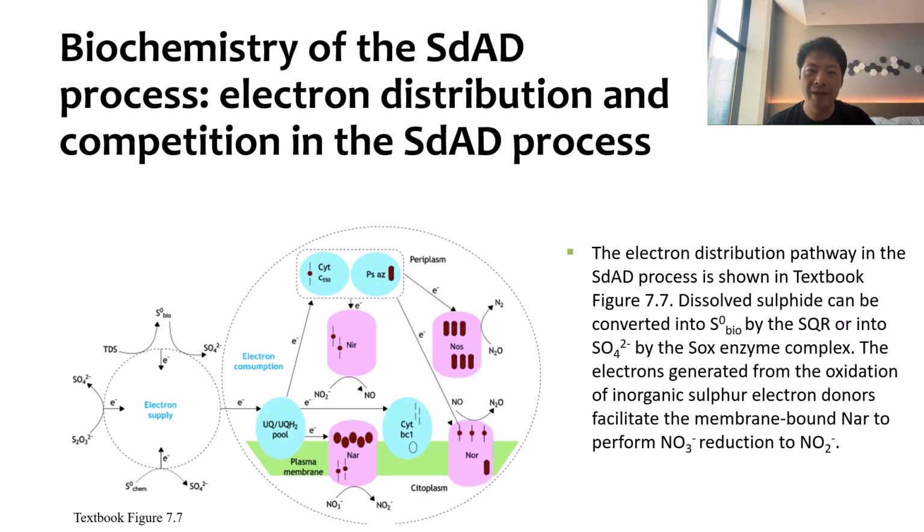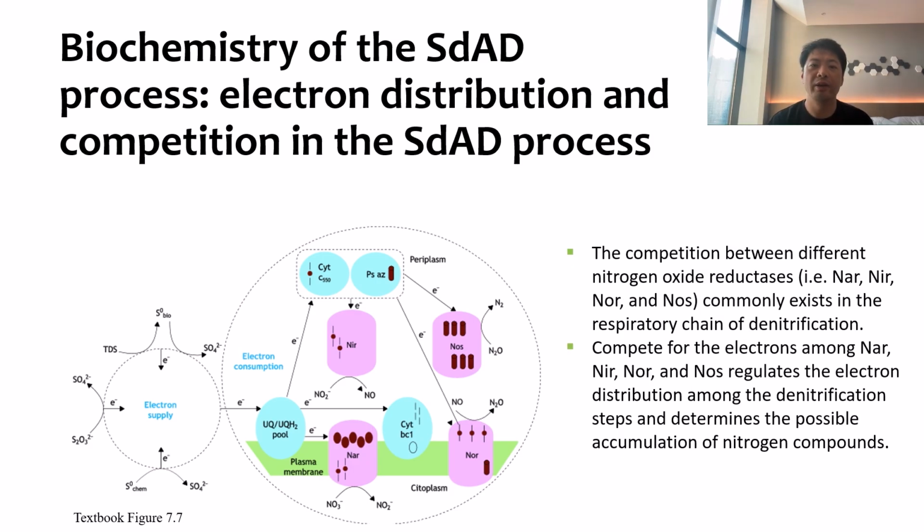Dissolved sulfide can be converted into biological elemental sulfur by the SQR enzyme, or into sulfate by the SOX enzyme complex. The electrons generated from the oxidation of inorganic sulfur electron donors facilitate the membrane-bound NAR to perform nitrate reduction to nitrite.